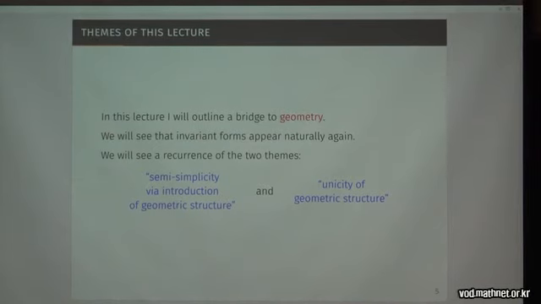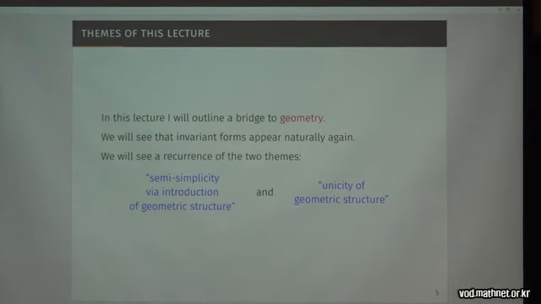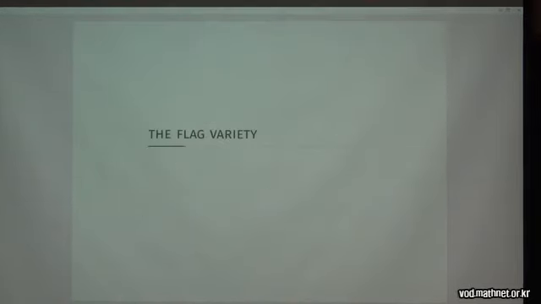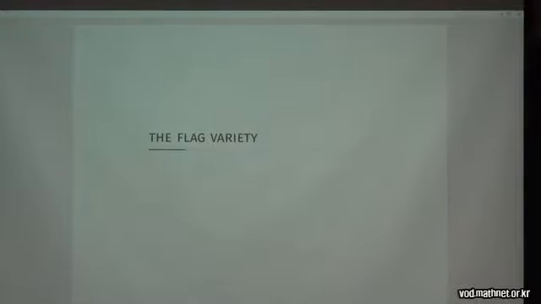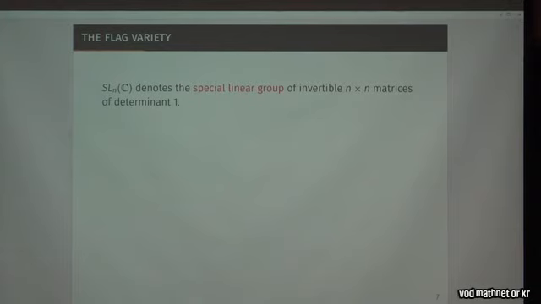We'll see these two themes again: you show semi-simplicity via introduction of geometric structure, and this geometric structure is essentially unique. Okay, now we can change gears entirely, and I want to discuss the flag variety.